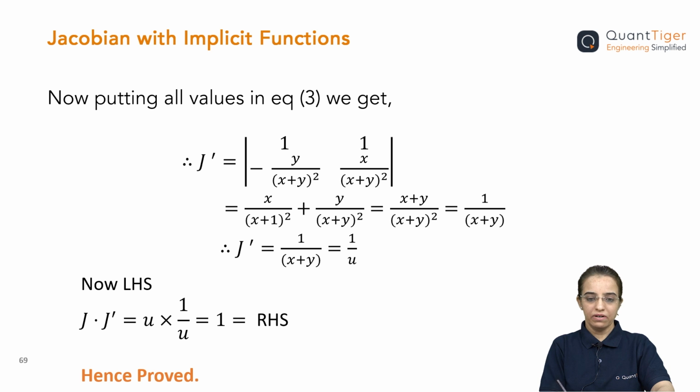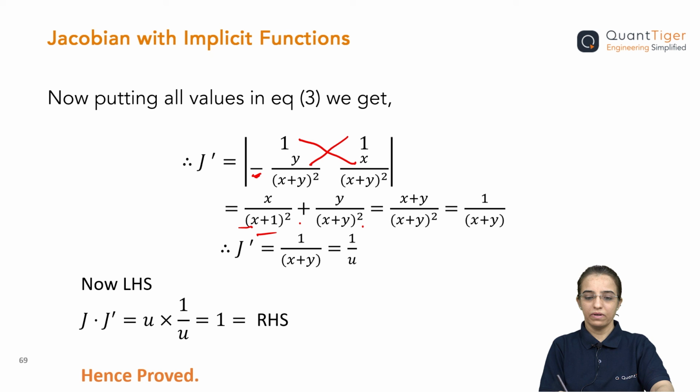Here I substituted and I got this determinant. After this we will just simplify it. So I just cross multiplied it here. This is the first term minus this term I multiplied, and since it was already minus here, minus minus became plus. So this is what I got over here.